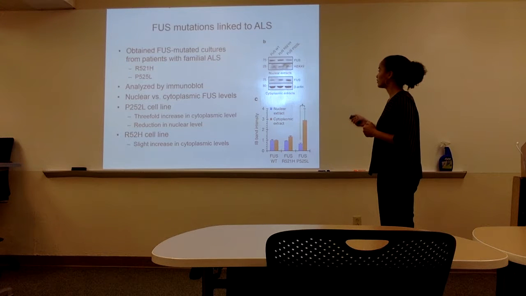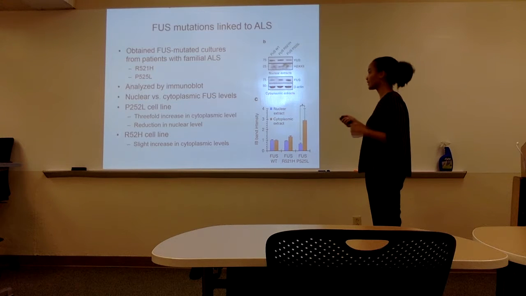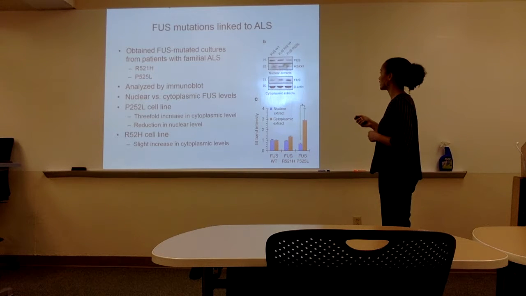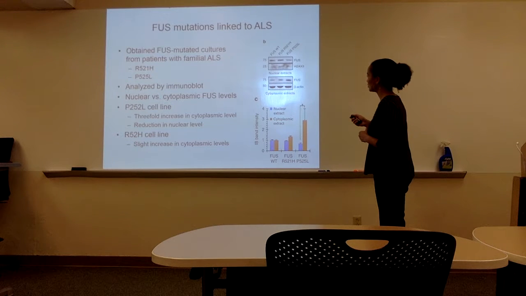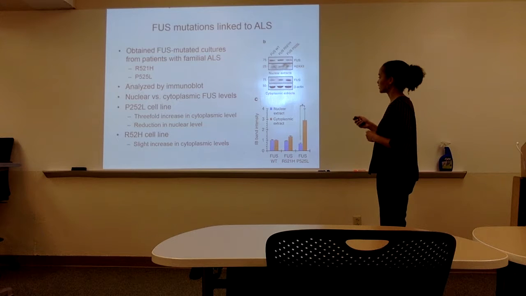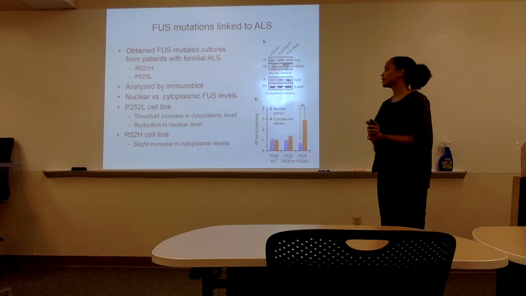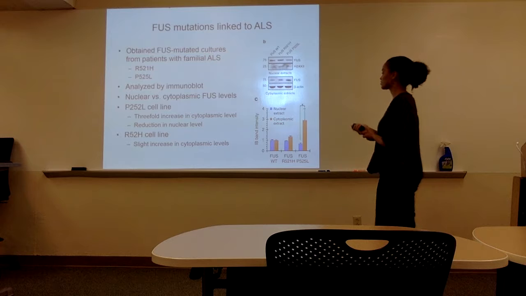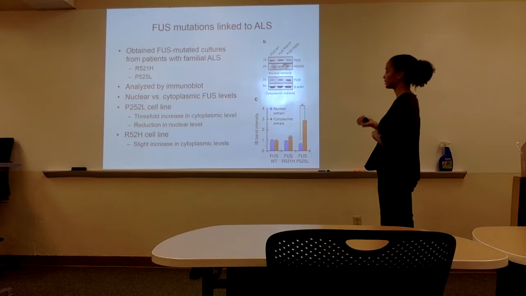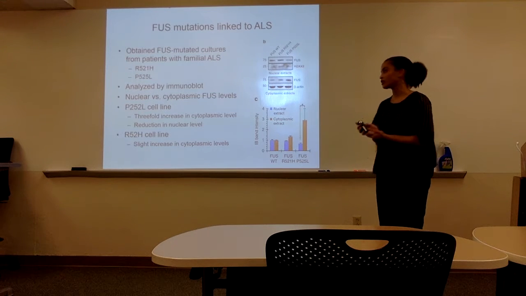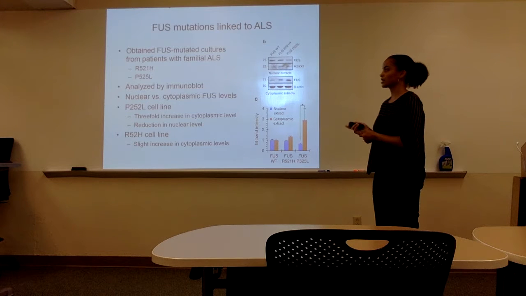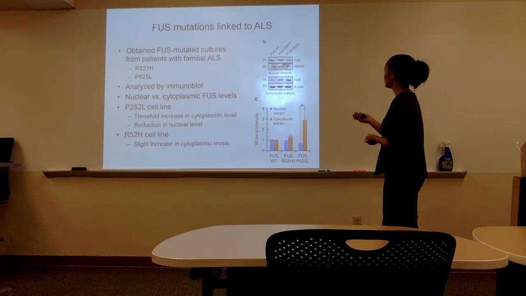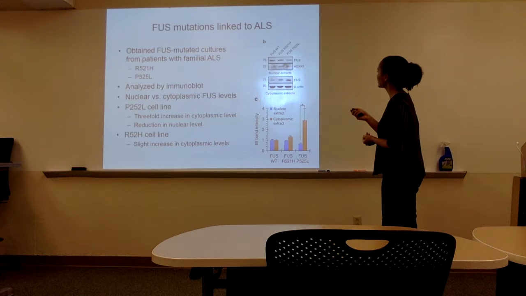And for the nuclear extracts for P25-2L, there is actually a reduction in the nuclear level, because it goes from a greater presence to not as great in this one. And for the R52H cell line, there is just a slight increase in the cytoplasmic levels, so not as much of an increase as in the P25-2L cell line. And you can see that here, comparing these two.